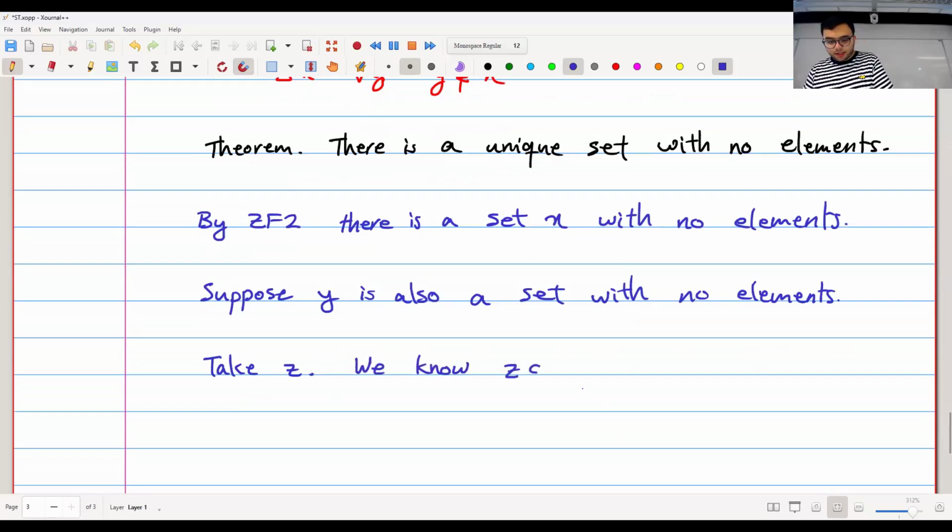But we also know that Z is not in Y because Y also didn't have any elements. So Z is also not in Y. So Z is not in X, Z is not in Y. So I can write Z is in X if and only if Z is in Y. This holds.